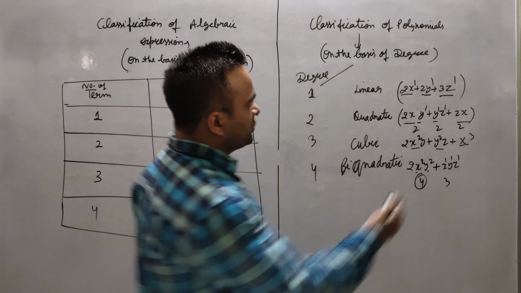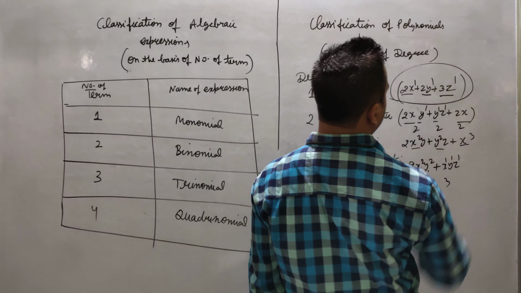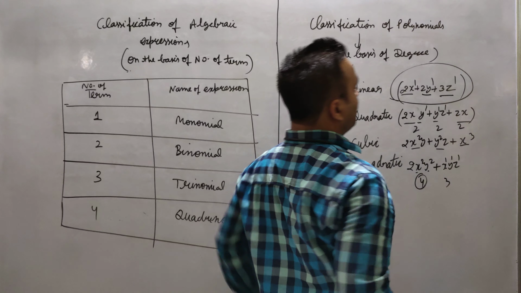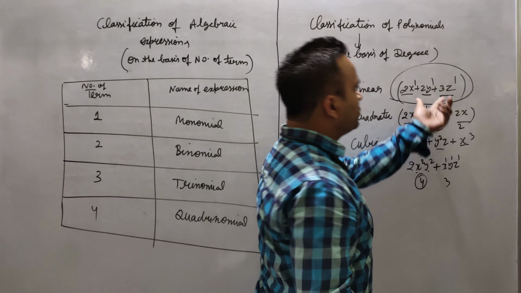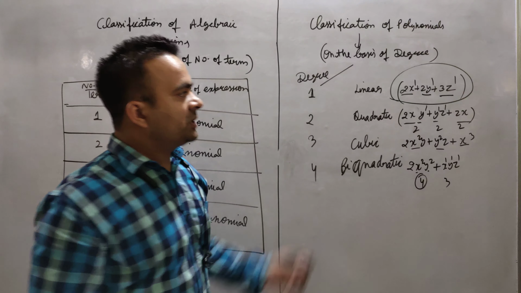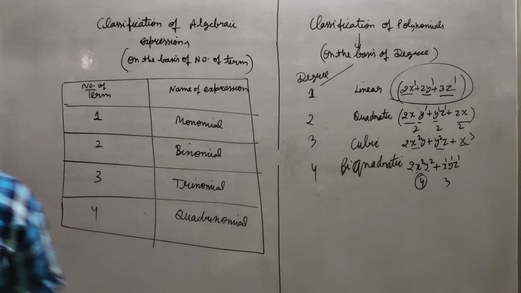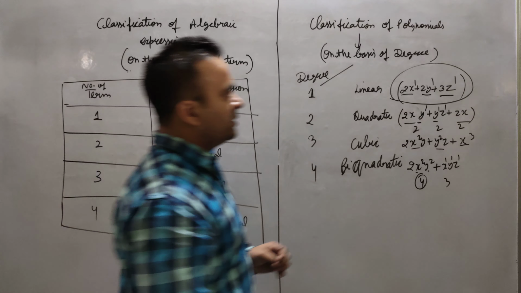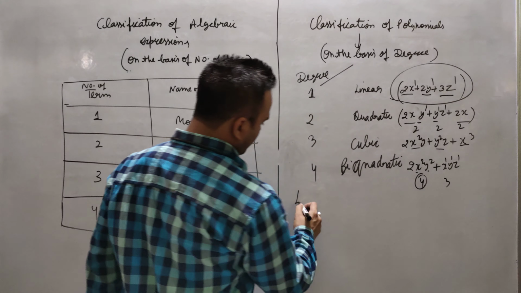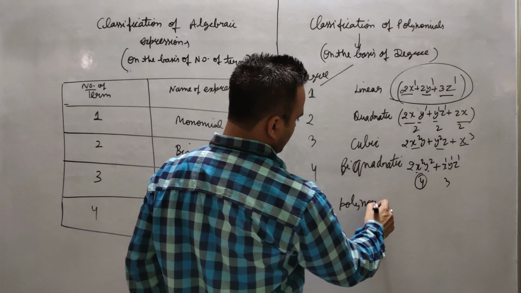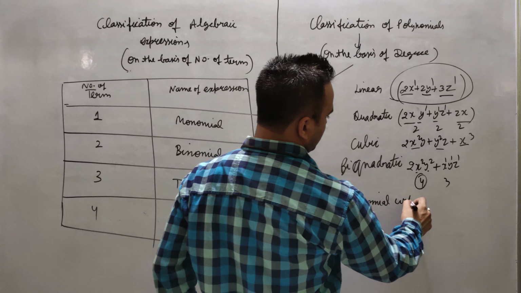The earlier example, I told you, is a linear polynomial definitely, because the degree is 1, but a linear polynomial in 3 variables, because we have used 3 kinds of variables here, x, y and z. So sometimes we call it by this name, linear polynomial with 3 variables.